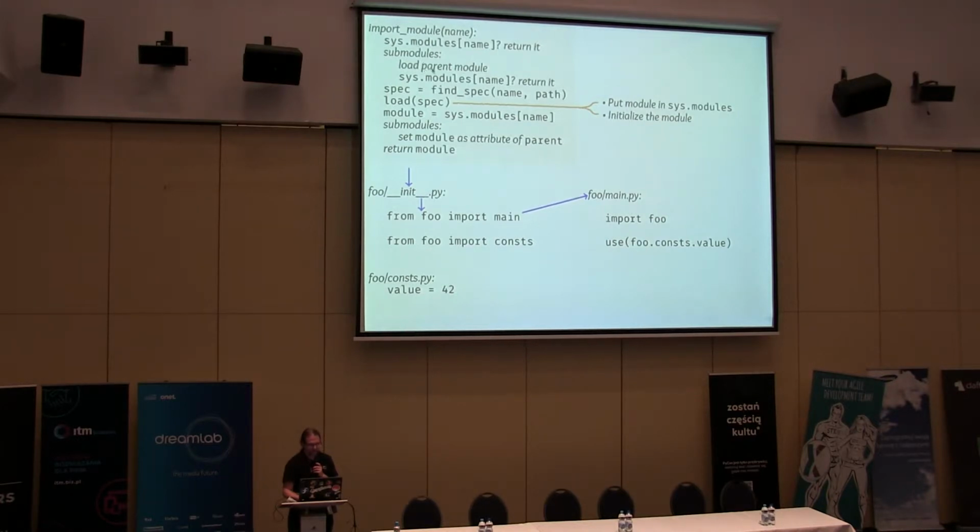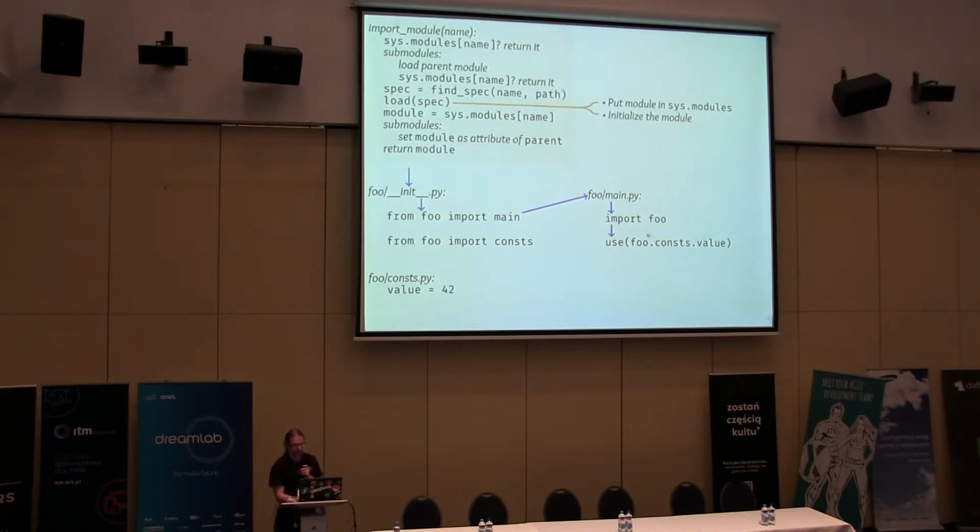We try to load the parent module. That's already in sys.modules, so that's already done. We find where to load main from, and we start loading it. We get to import foo. That's already in sys.modules, so it is imported directly.